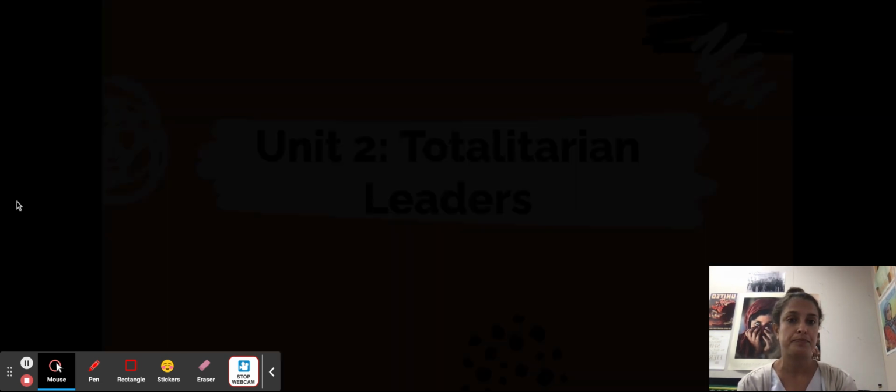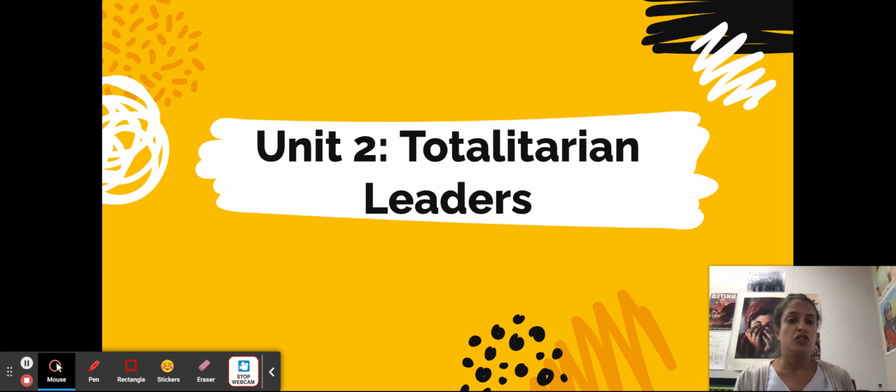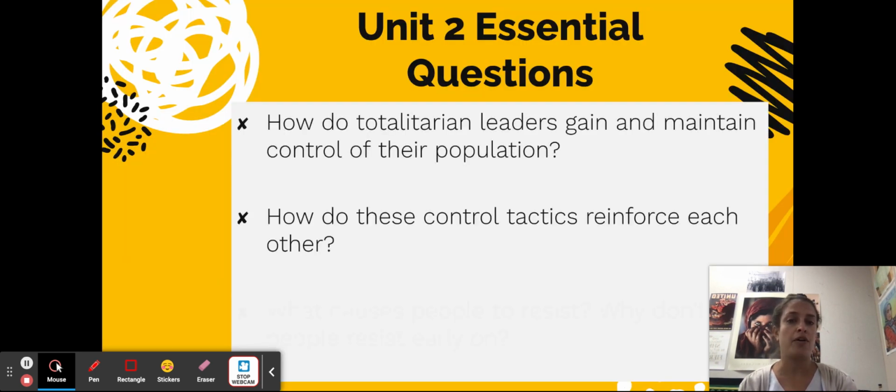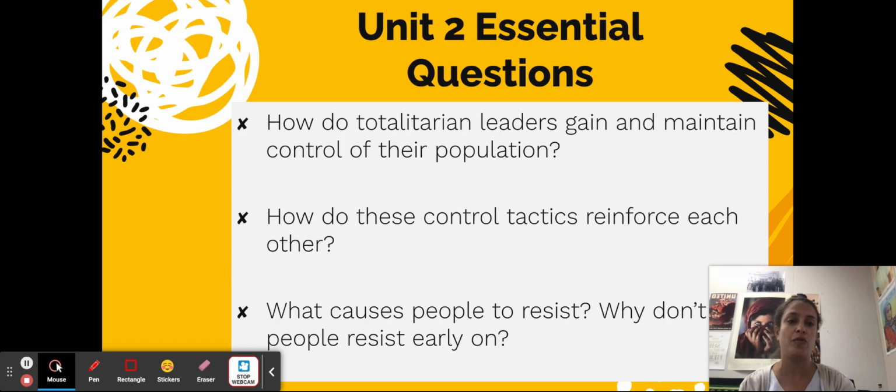All right, so we are back in the main section of our notebooks. Main section. I would like you to label it Unit 2, Totalitarian Leaders. Here are our essential questions for the unit. These are questions we're going to be looking at through the entire unit, and you will have the option to choose one of these questions to answer in the paper that you will be working on in my class and in Ms. Press's class.